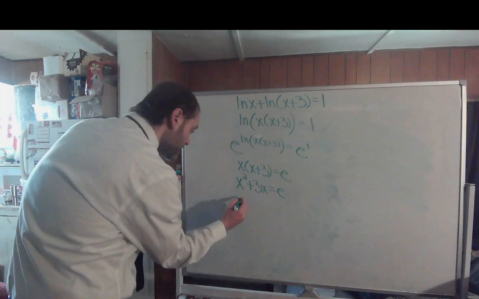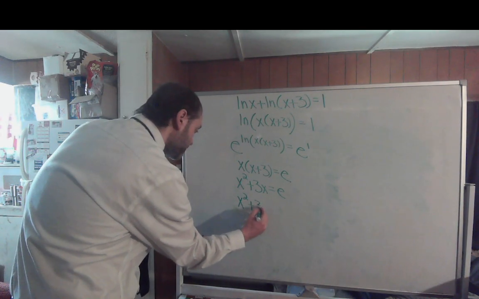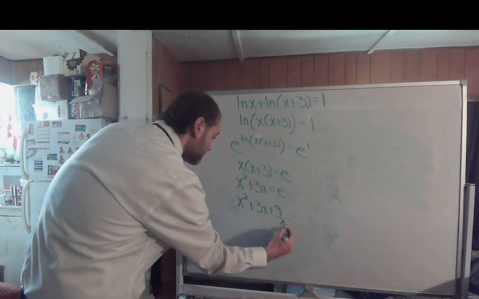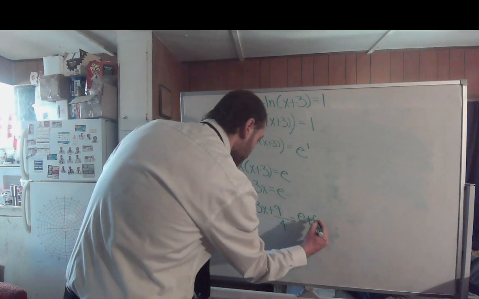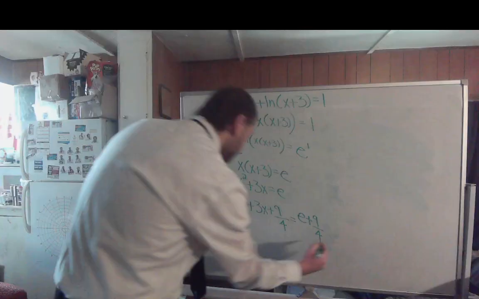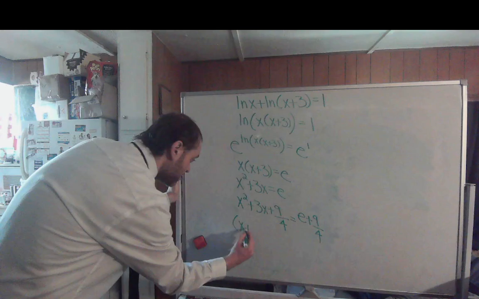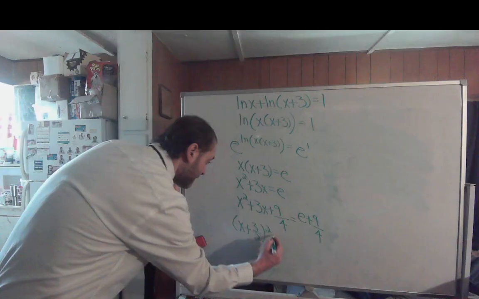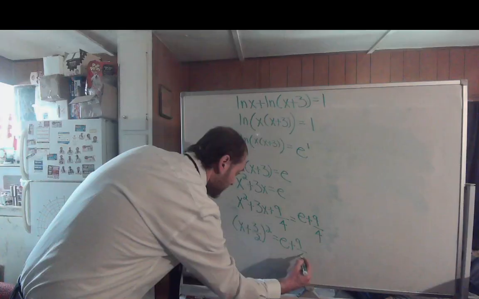So you'll end up getting x squared plus 3x plus 9/4 is equal to e plus 9/4, which would have to mean then that x plus 3/2 squared would equal e plus 9/4, right?